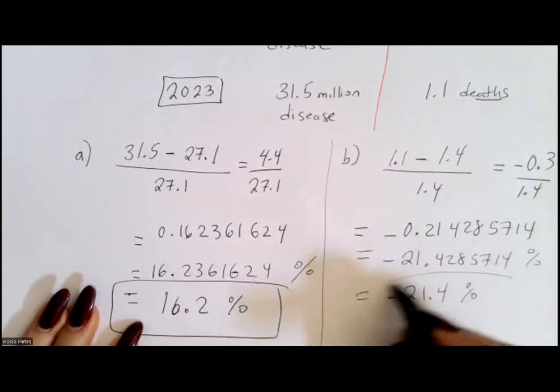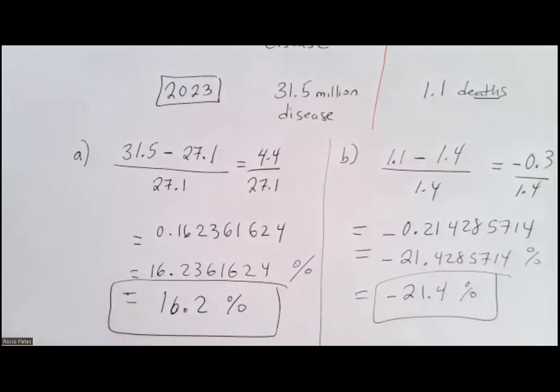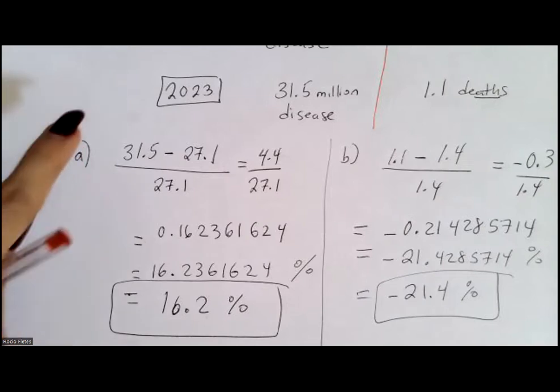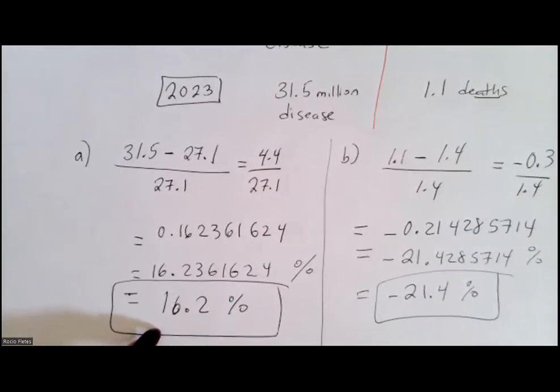So negative 21.4%, right? The number of deaths dropped 21.4%, which means that the disease became less deadly. Even though the number of people living with the disease increased by 16.2%, people dying from it decreased by 21.4%, maybe because of vaccines.